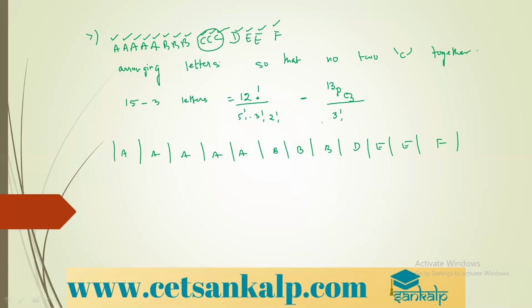Why are we dividing by 3 factorial? The places for C's: we are seeing 13 places for C's and we have to select 3 places.